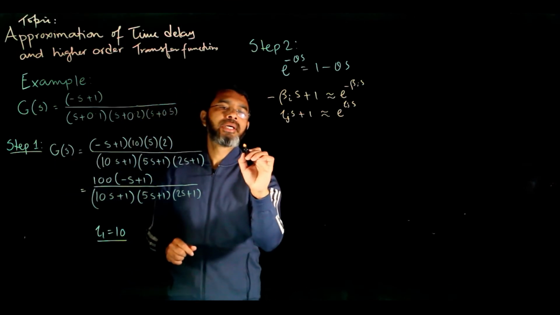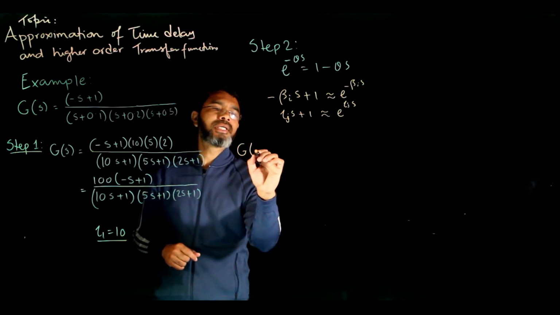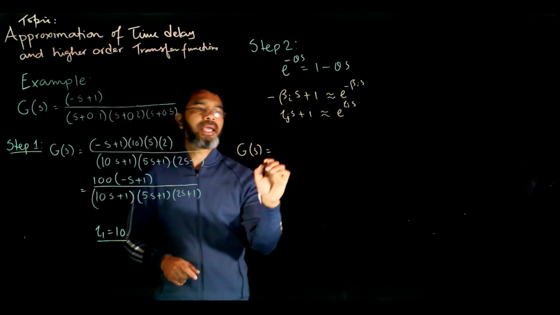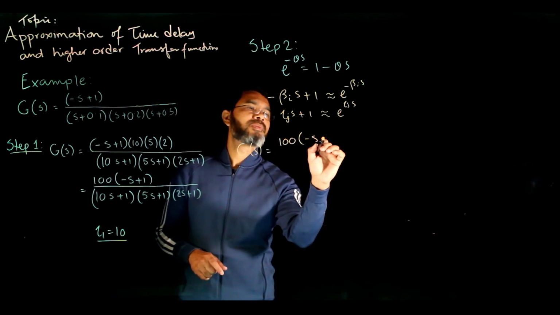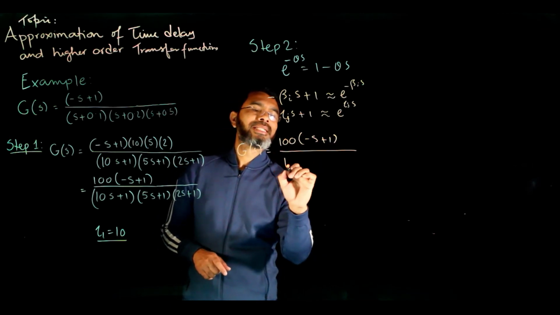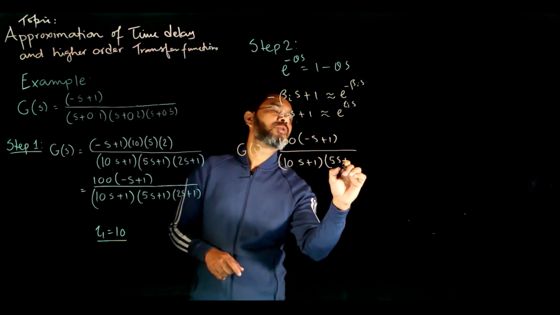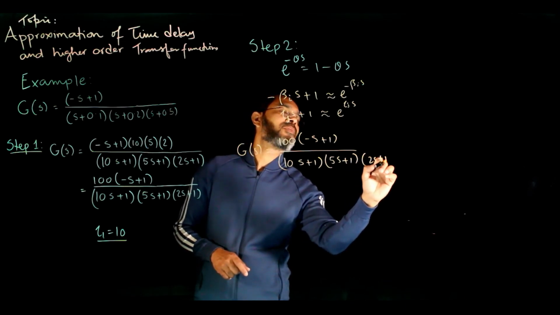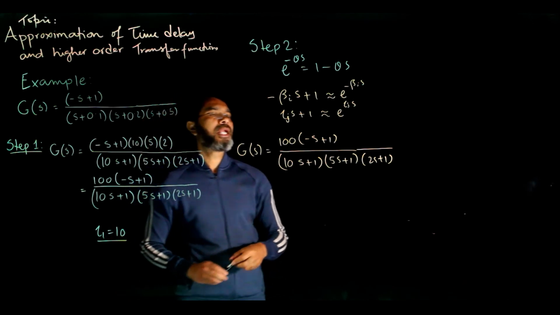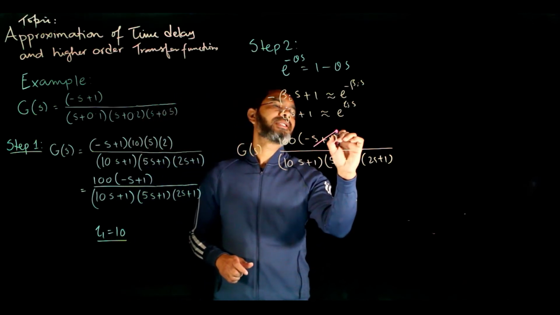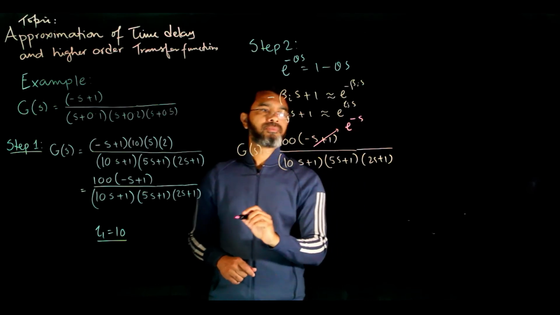So now let's look at this. If I write G(s), it will be again 100 times negative s plus 1, over 10s plus 1, 5s plus 1, 2s plus 1. If we approximate all the terms, for the first term we'll get e to the power negative s.